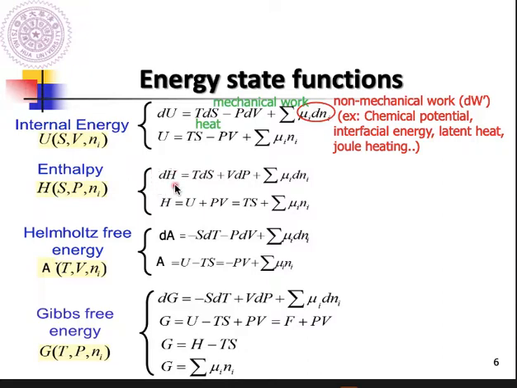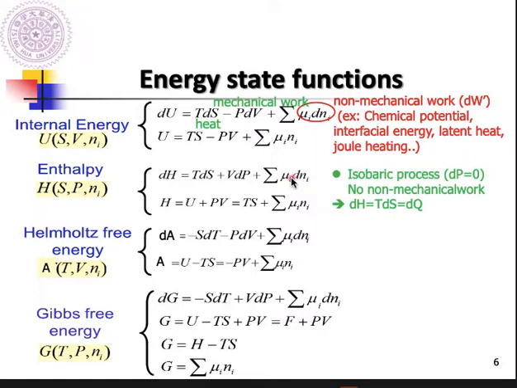The change of enthalpy is related to the heat flow in and out of a system, and also VdP, which is a mechanical work, and the rest will be the non-mechanical work. Here is the chemical potential term. But for a mechanical scientist, the heat engine usually performs in an isobaric process, that means at constant pressure, so dP equals 0. So you can drop this term out. And if we also assume there is no non-mechanical work in your system, then the change of enthalpy will be related to the heat flow in and out of a system. So dH equals TdS equals dQ.